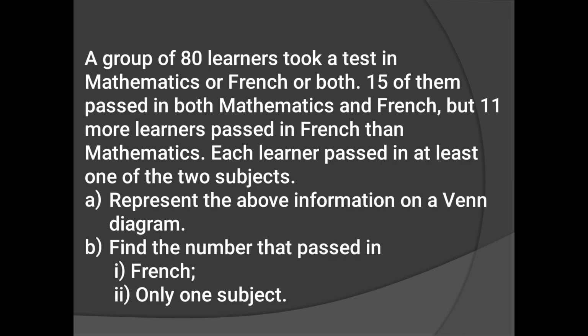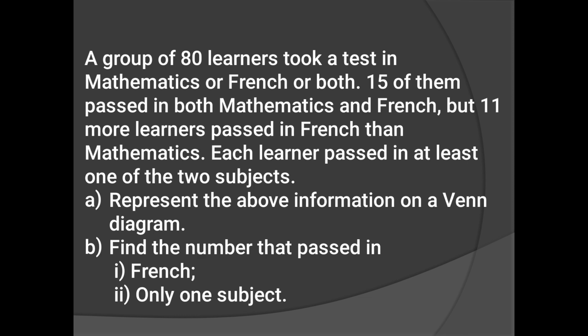Back to the question itself, it says the number of learners that passed French is 11 more than those that passed mathematics. Did the question give us those that passed in mathematics?